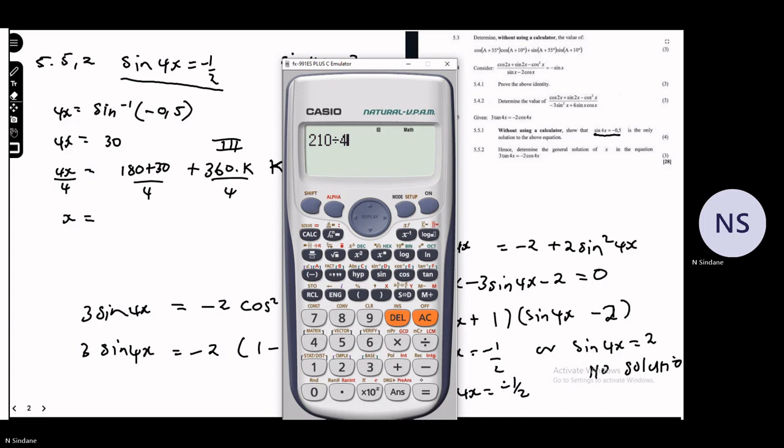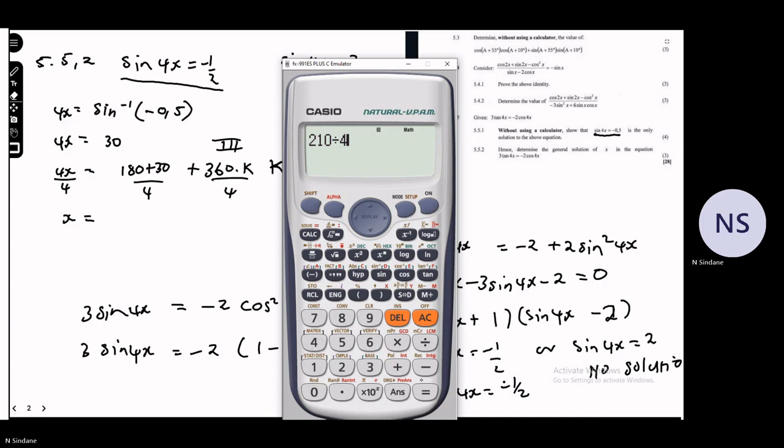And then my second solution. Remember that my sign is negative in the third quadrant and in the fourth quadrant. So my second solution will be in the fourth quadrant, right? Quadrant number 4. Here I still have 4x is equal to 360 minus 30, added to 360 multiplied by k, where k is an element of the integers.